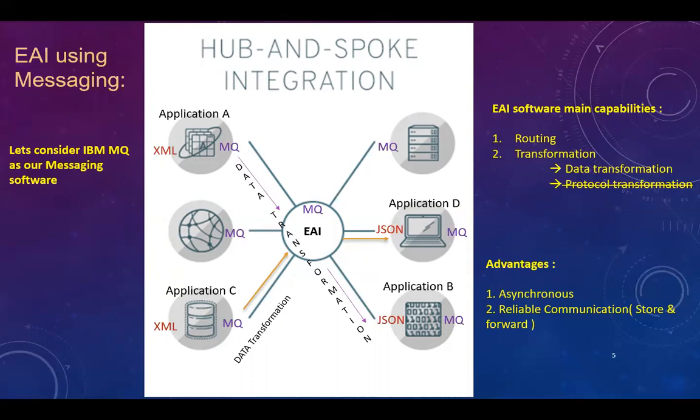If for some reason application A is not in a position to resend that message, it is the duty of the messaging system to take care of it. That kind of reliable communication is what the messaging system provides for us. That is what we talked about earlier as storage. So this is how EI messaging plays a very vital role in the communication between the applications.